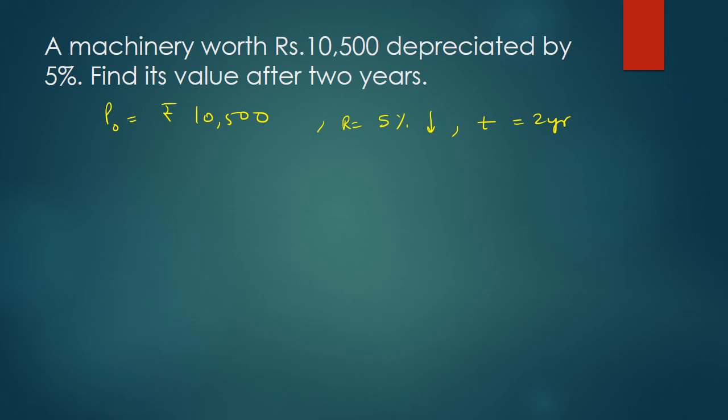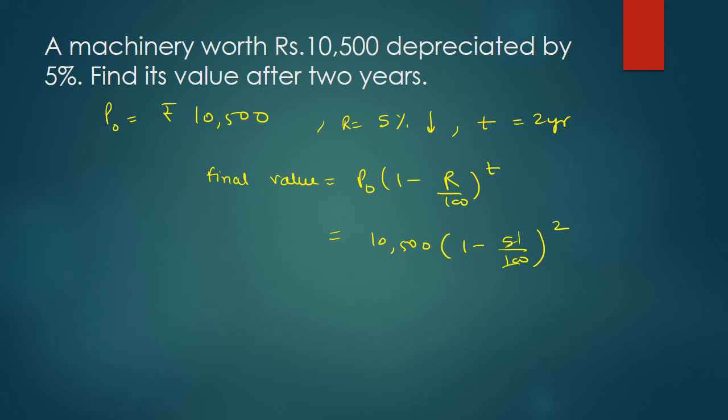So the formula is what? Final value, that is after depreciation, will be P naught into 1 minus, because it is depreciation. So 10,500 into (1 minus 5 by 100) to power 2.